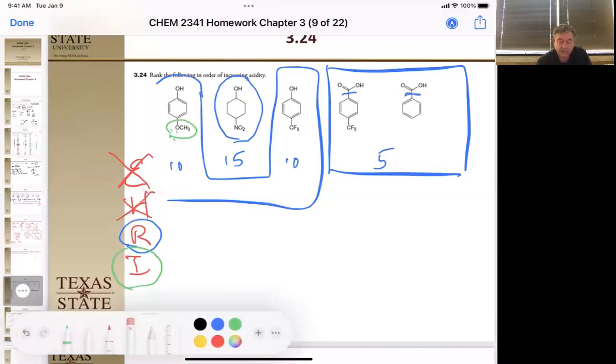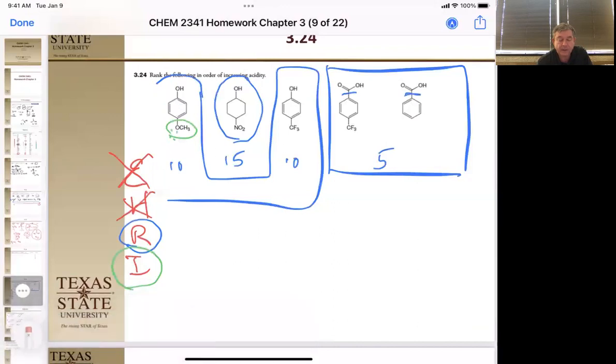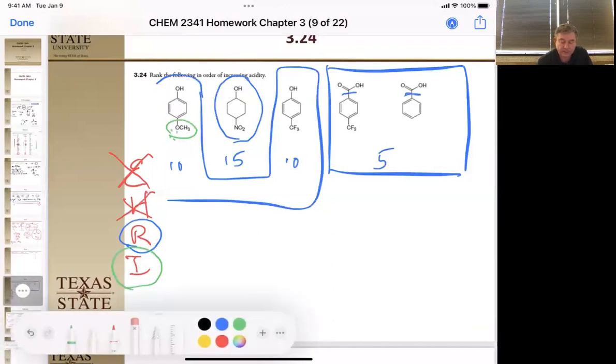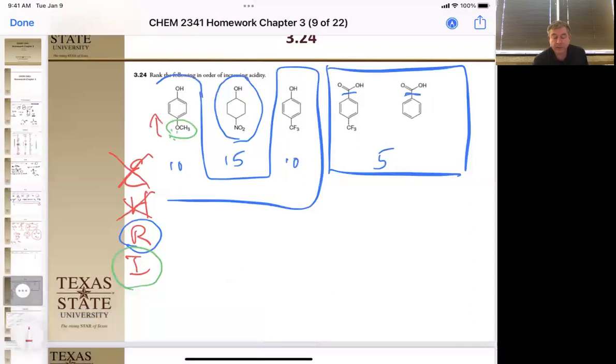It can donate electrons to the ring. But this one right here, this nitro group, takes electrons away from the ring. Not that one. This one has a CF3 group. It can take electrons away from that ring through the inductive effect.